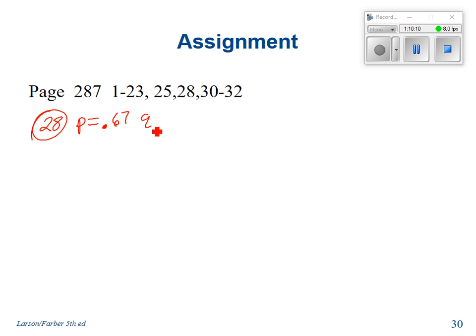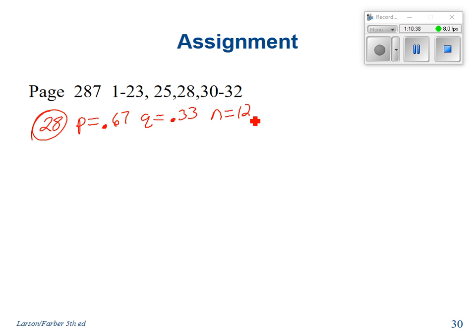So then what's Q? 0.33. Select 12 adults, so our N is 12. First thing we gotta check, see if this works. 0.33 times 12, what's that give you?